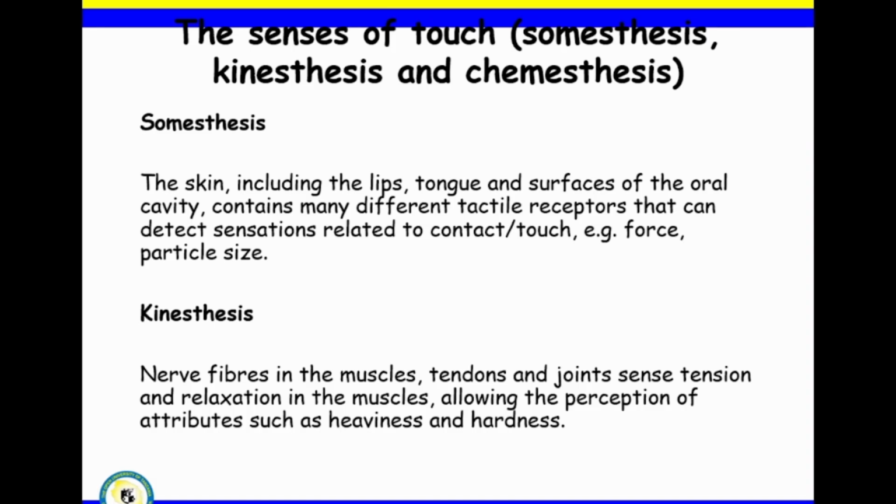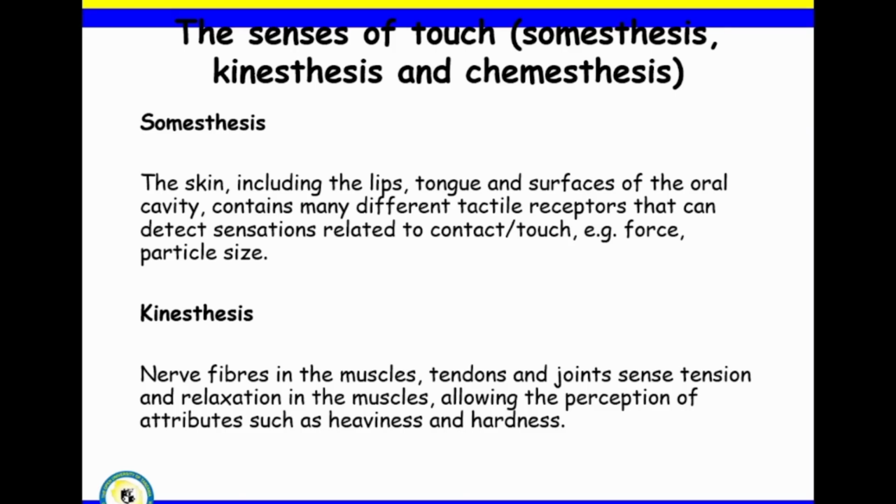And when you're talking about kinesthesis, nerve fibers in the muscles, tendons, and joints sense tension and relaxation in the muscles, allowing the perception of attributes such as heaviness and hardness. Let's go to, for example, the fruits. Unripe fruits will be hard. So you can just feel by touch, because remember that we are in the sense of touch.